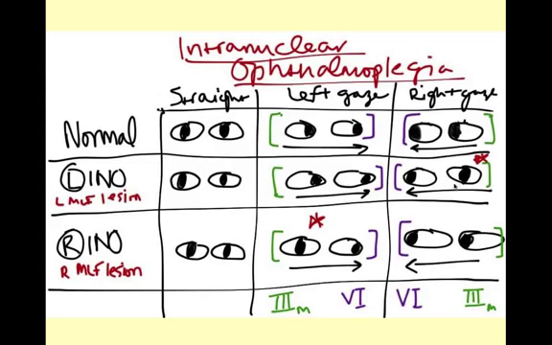And so your left eye will not look to the right. With right INO, which would be a lesion to the right MLF, you would have a problem with leftward gaze in that your right eye would not adduct, but your left eye would abduct. And then when you look to the right, you're fine because you have no problem with your right abducens nerve or your left MLF.